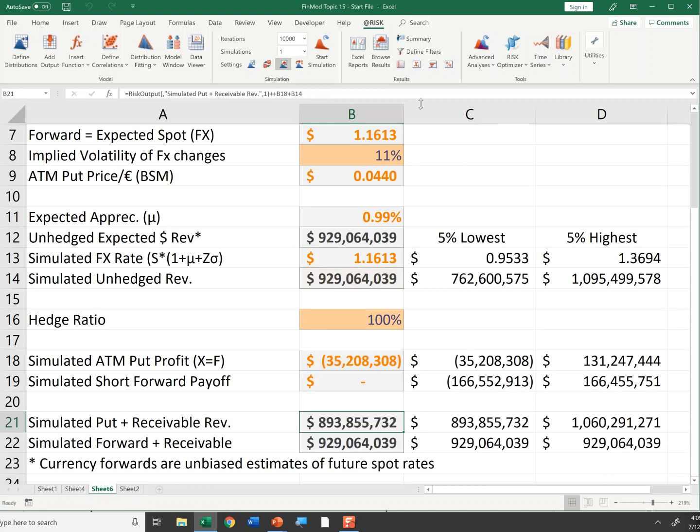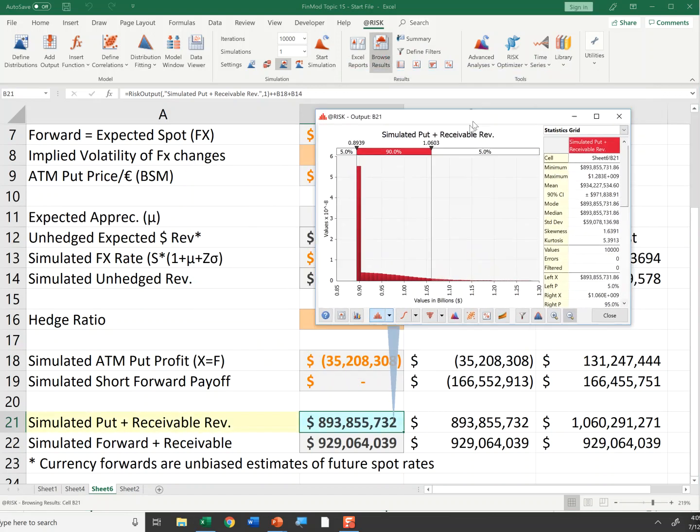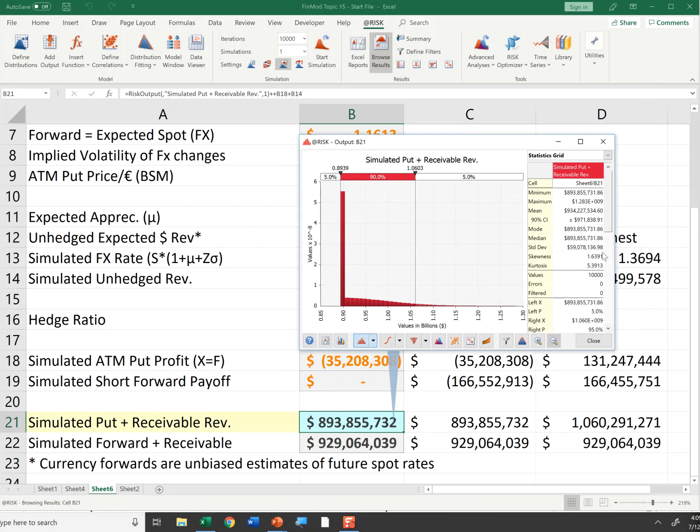And if I run that 10,000 times, which I already did, and I browse those results, these are the results if I hedge it 10,000 times.